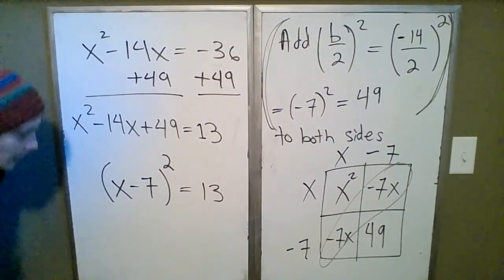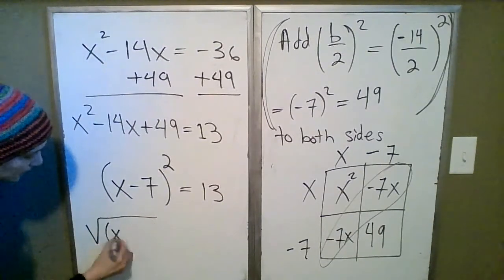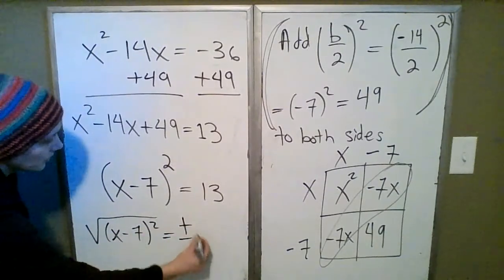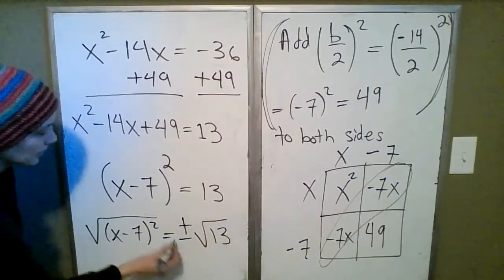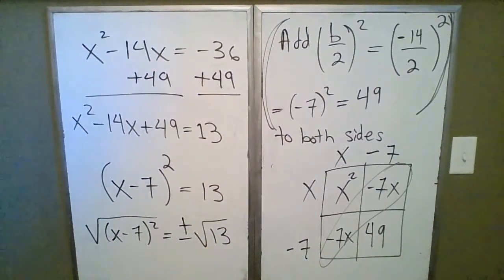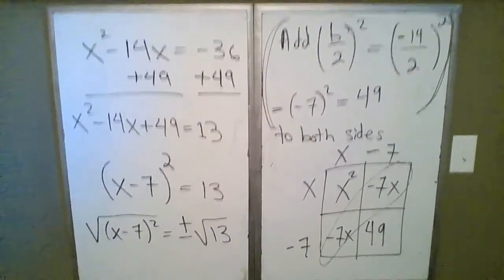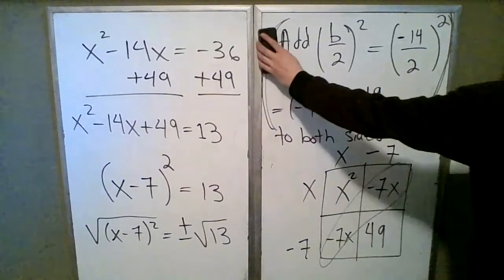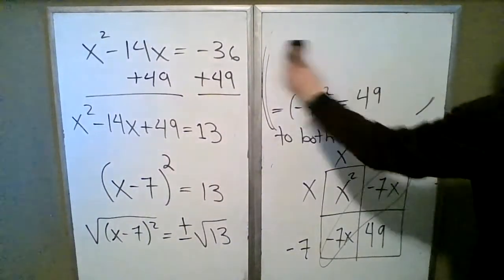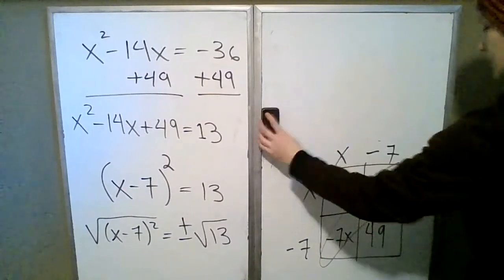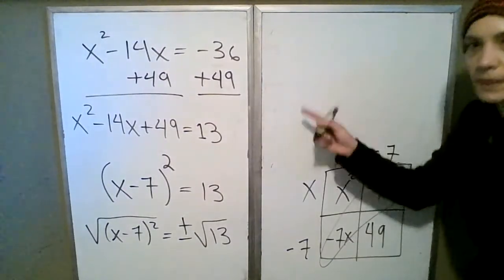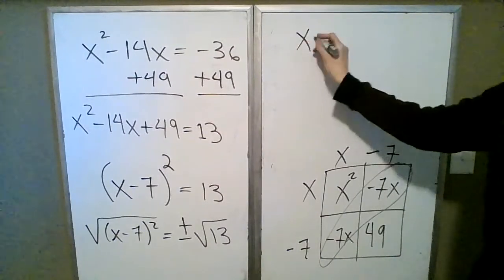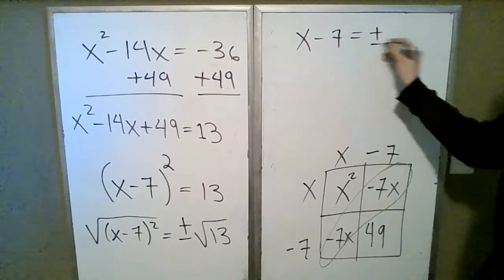Square root property and root this side. And this side is a plus or minus the root of 13. Okay. Keep on going to have x minus 7 equal to positive or negative root 13.